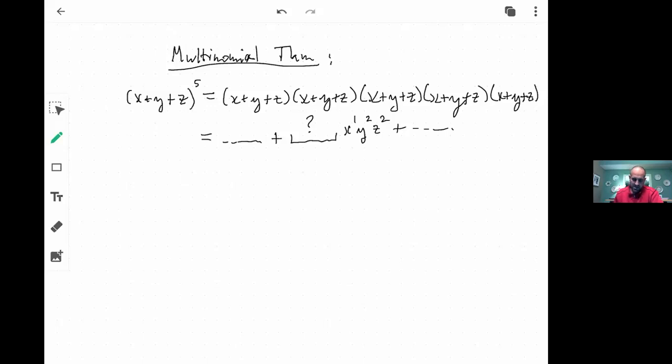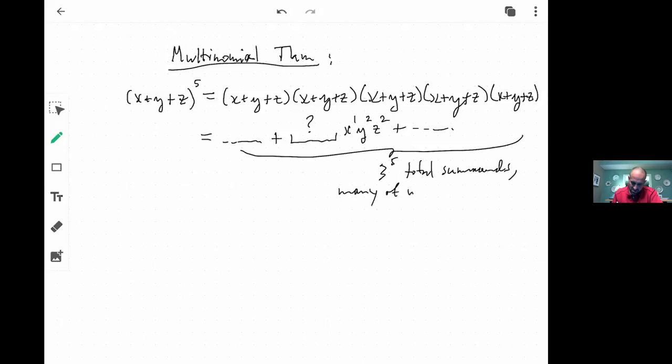So 3 times 3 times 3 times 3 times 3, there's going to be 3 to the 5th total summands, many of which can be combined.